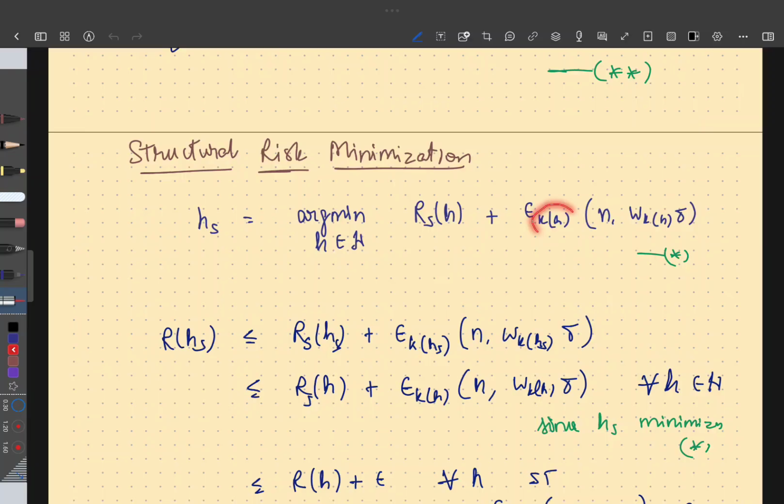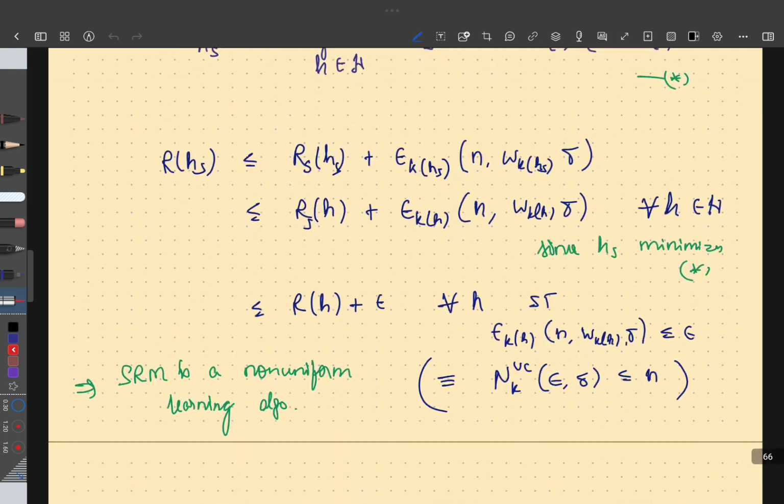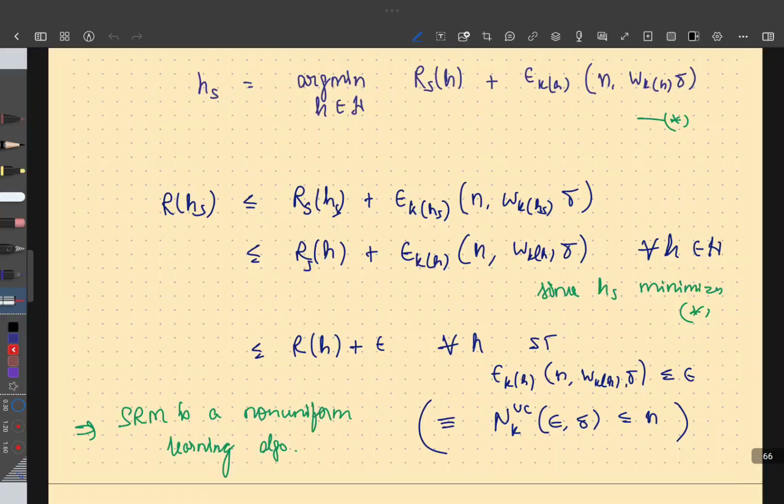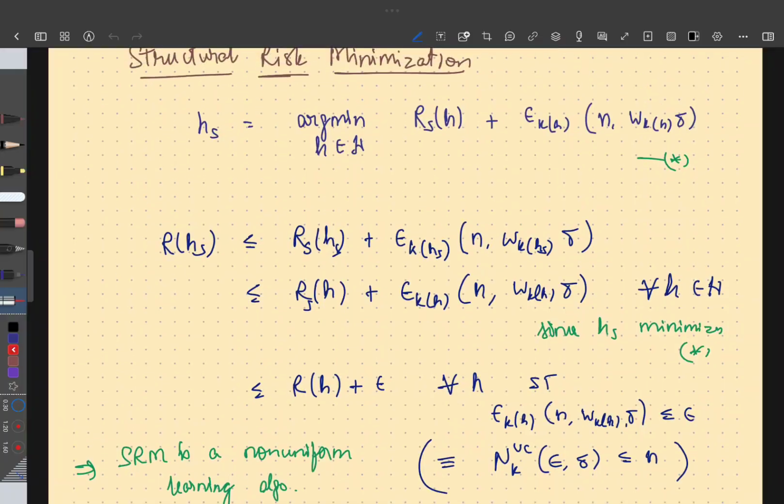The other thing to keep in mind is this k of h is the first k such that this little h belongs to H_k. That's one way of thinking about it. Correct, but you're minimizing, for every h, there is an epsilon_k of h.